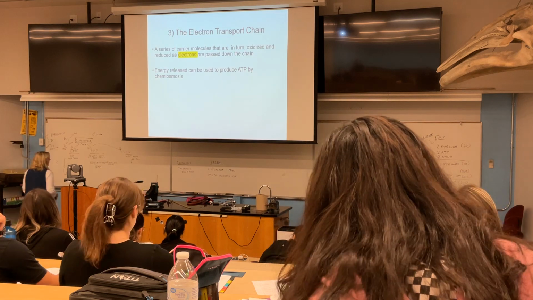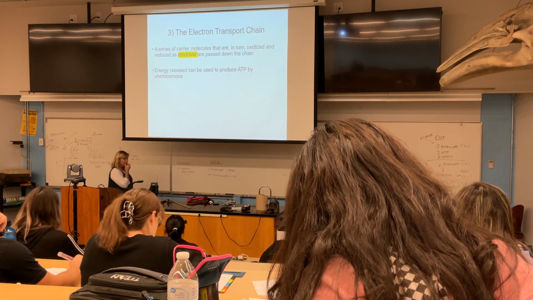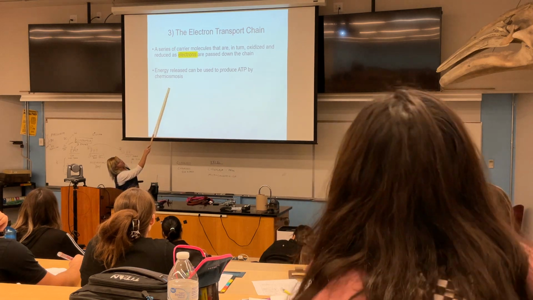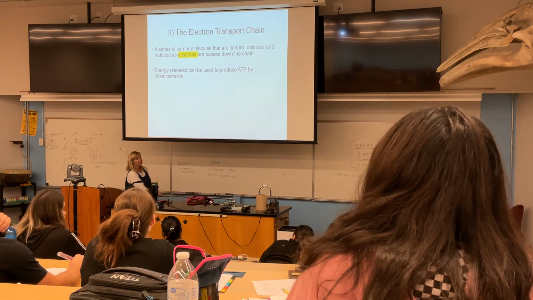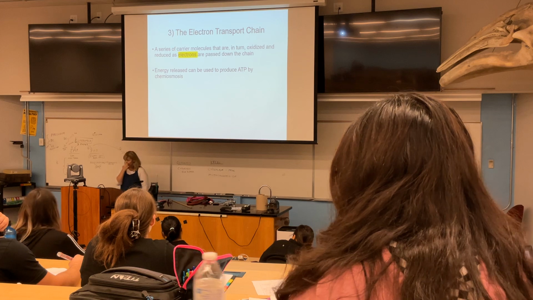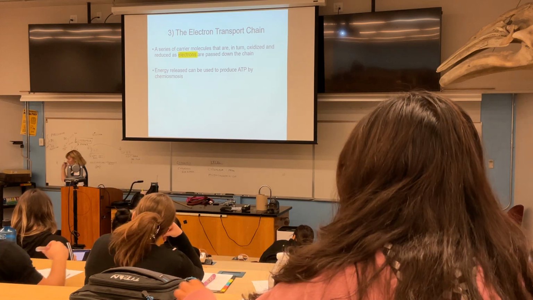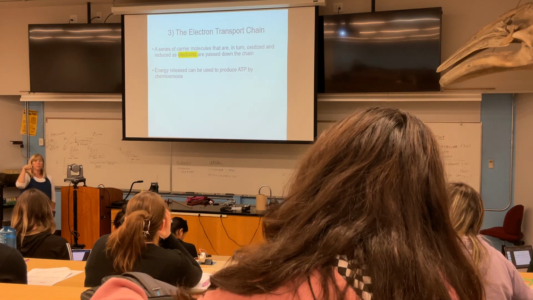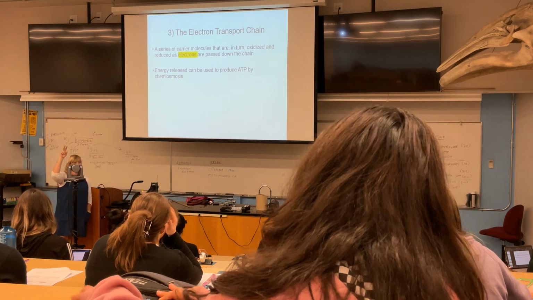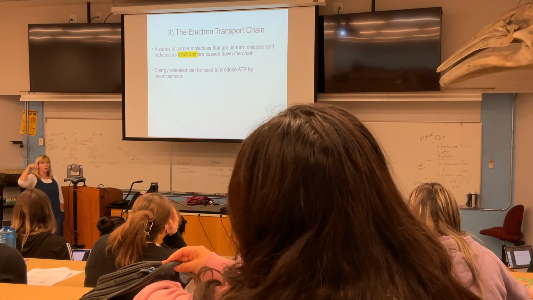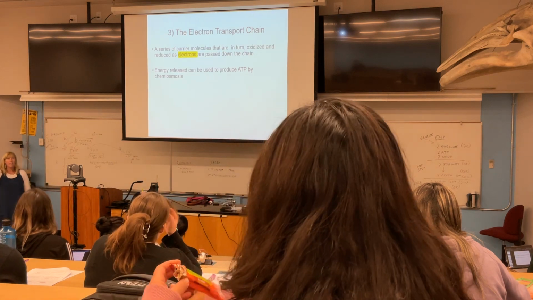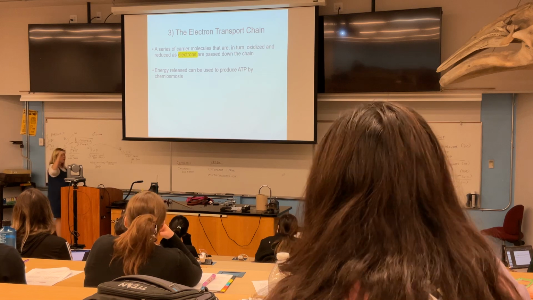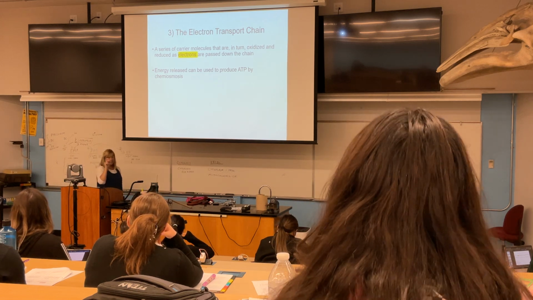Now the other thing to keep in mind is that when we make ATP in this stage, it's referred to a lot of times as chemiosmosis. The reason it's called that is because we're going to be moving molecules across a membrane, and that's going to create some energy. Osmosis means moving across a membrane, and so we're going to be moving molecules across the membrane. You're going to see that.